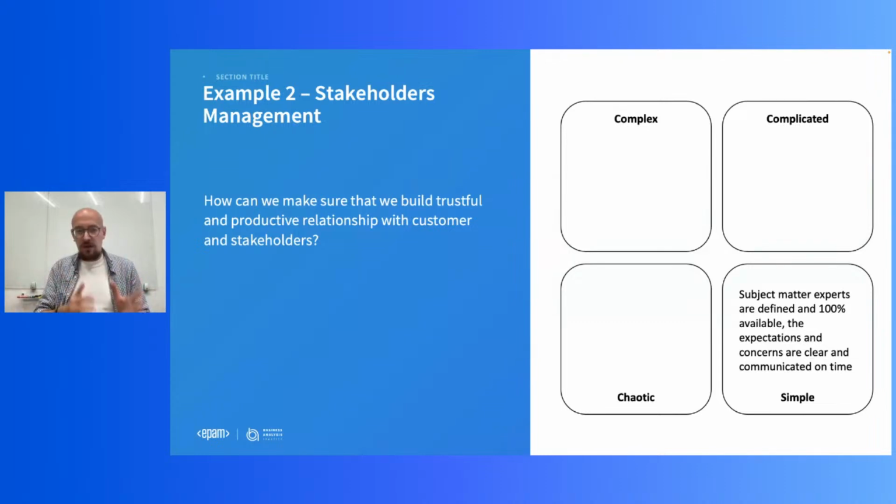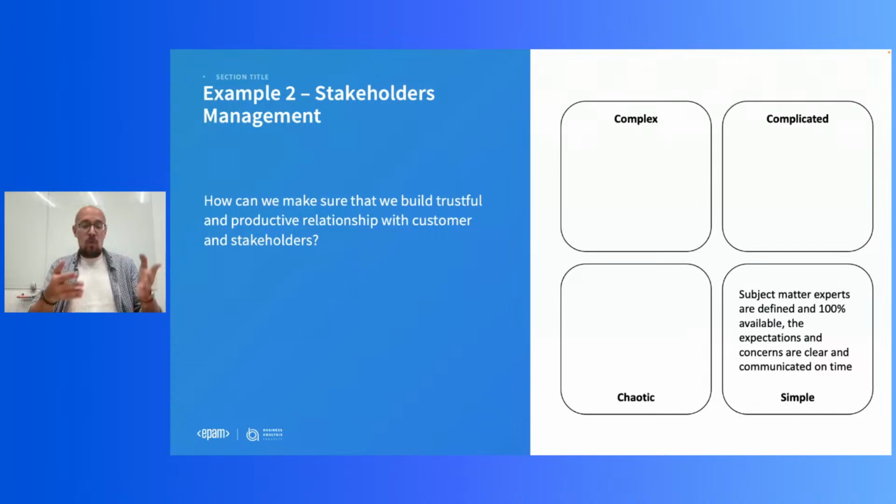All the potential conflicts are mitigated on time, and all the project team speaks the same language. Once again, this might sound like something too perfect to be true. And of course, this falls into the simple domain. And we can follow the best practices here and establish processes, because we don't need to invent something else.